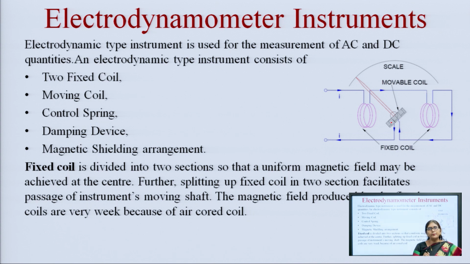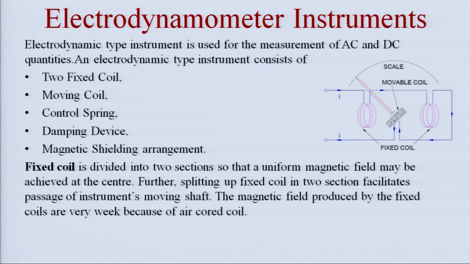Since the magnetic field produced by this fixed coil is very weak, we need a magnetic shielding arrangement for the electrodynamometer type of instrument. Otherwise, any magnetic field outside the instrument will affect the performance of the electrodynamometer type instrument.